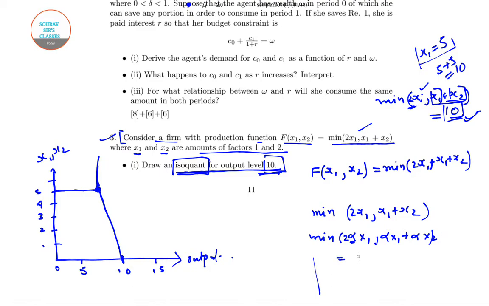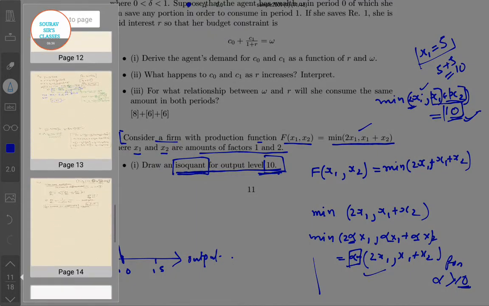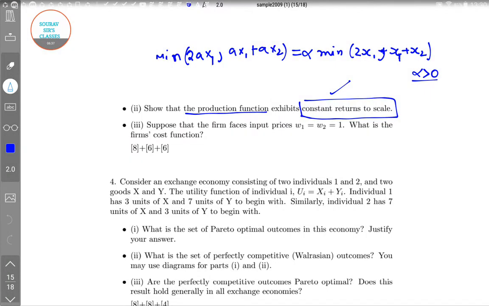Now if you take α outside, from here we get α and from here we get α as well. So it will be α times the minimum of 2x1 comma x1 plus x2 for α greater than 0. So when α is greater than 0, we can say this is following CRS.